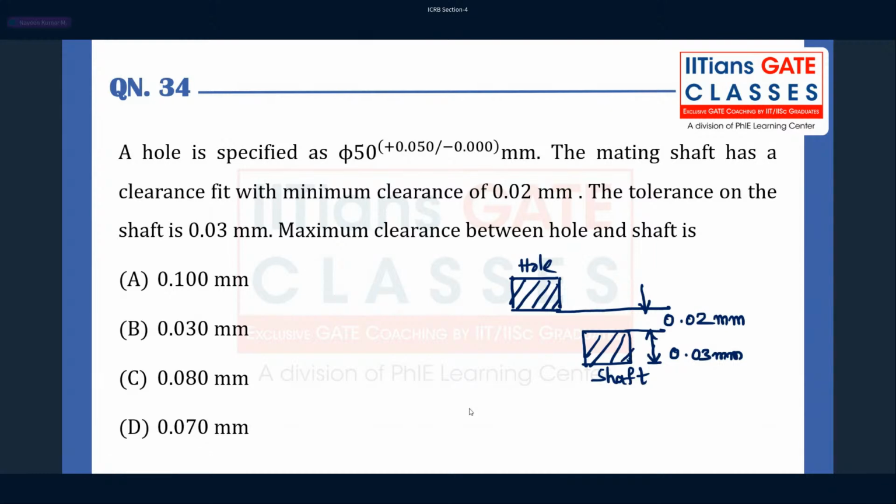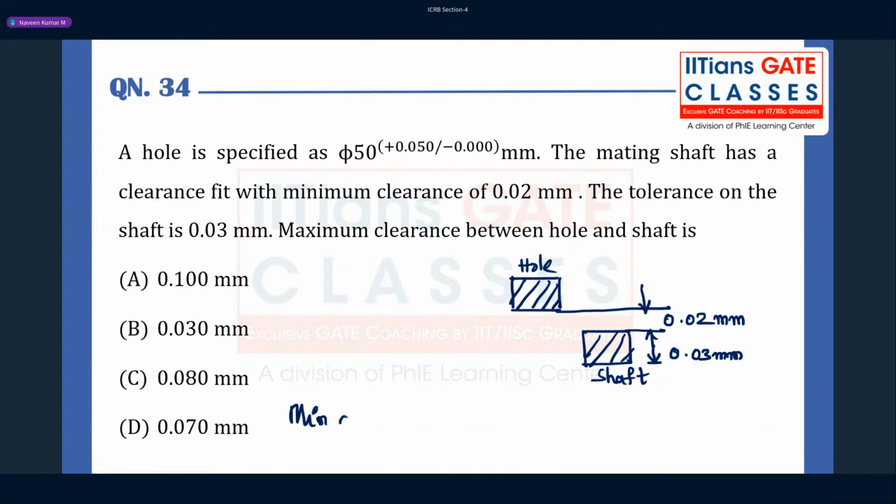For this you have to do some calculations which are very important, because it is a little confusing but it is easy. So what is this minimum clearance? Let me write some formula.